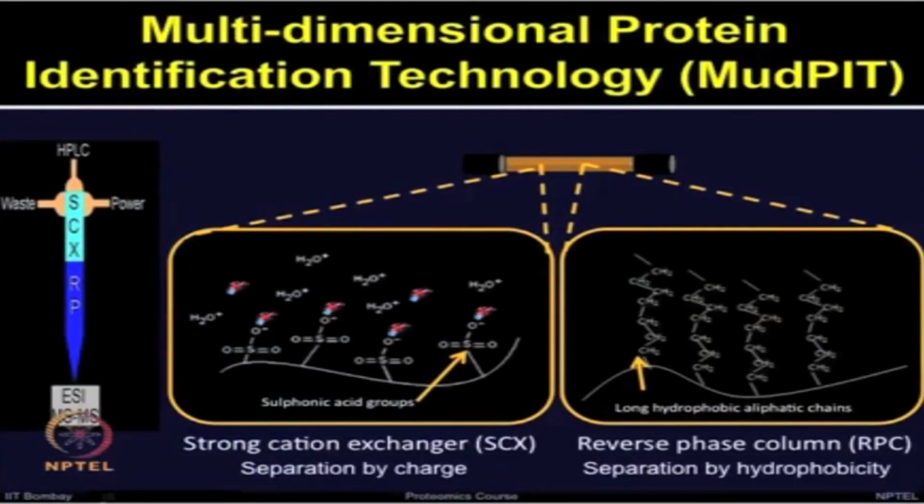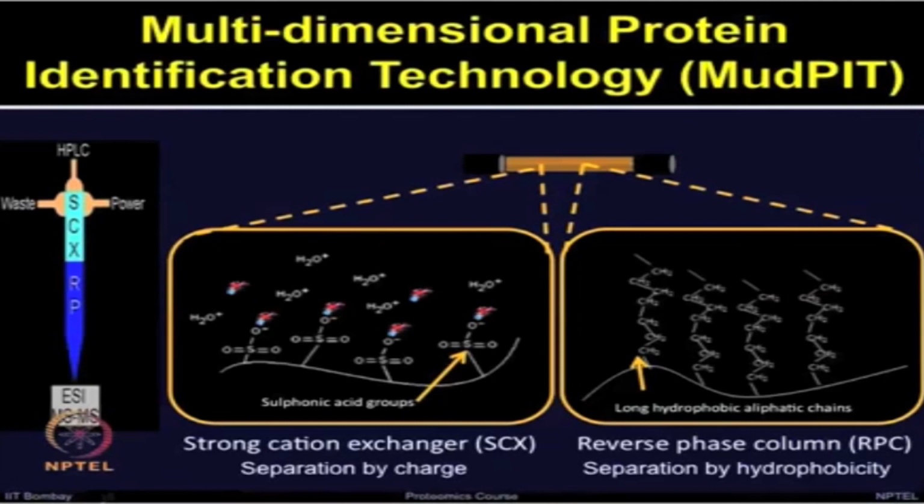Strong cation exchange is based on the electrostatic attraction between the negatively charged sulfonic acid and the positive peptide, and elution can be caused by addition of a positively charged mobile phase. The reverse phase, shown on the right side, is based on the hydrophobic interactions between analyte and the stationary phase. The elution can be brought about by modifying the mobile phase polarity.